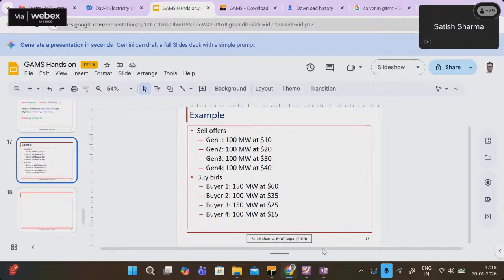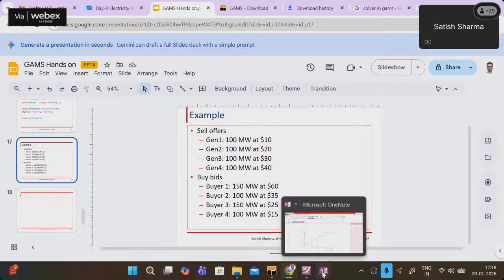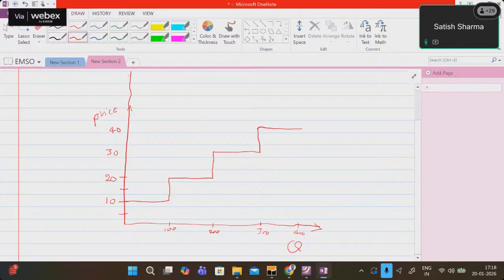Okay, so let me draw it. Let's assume 60 is here and the quantity was 150. So I will draw up to this part, roughly around the middle of this. So this is 150. Second is 100 and the price was 35.